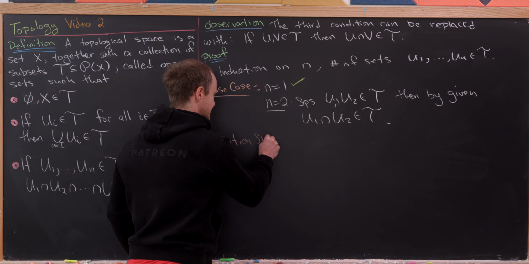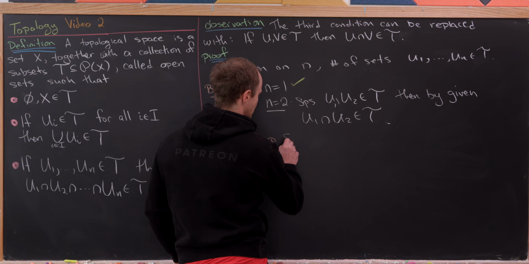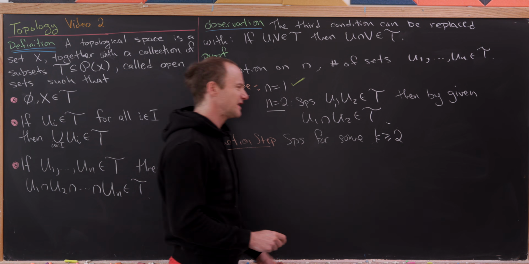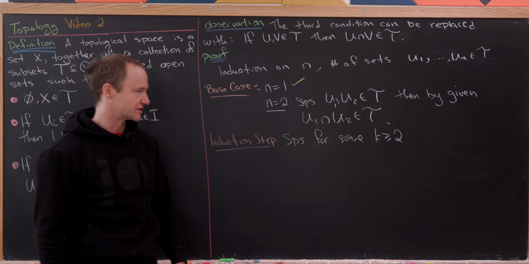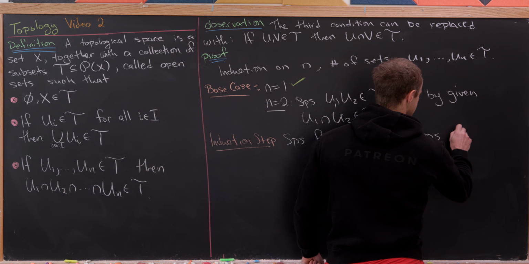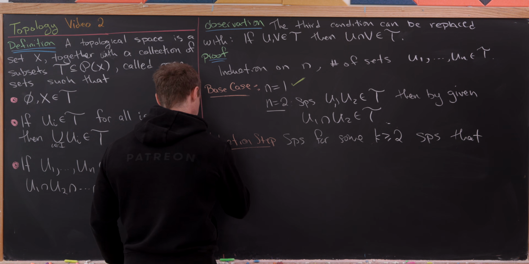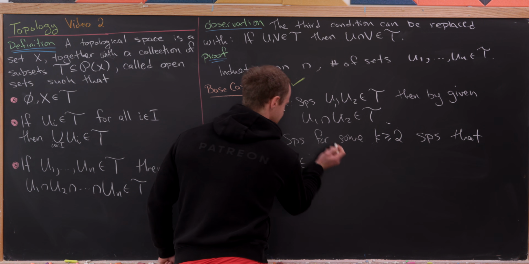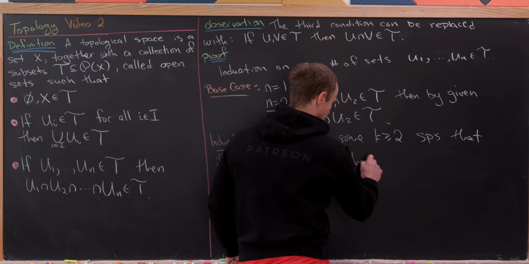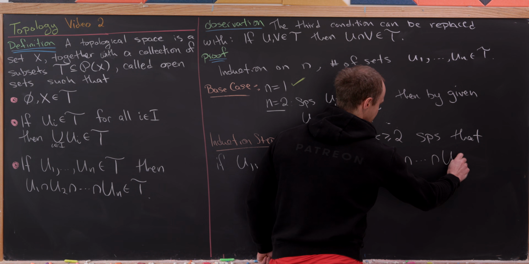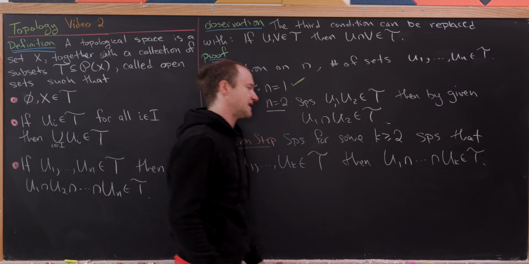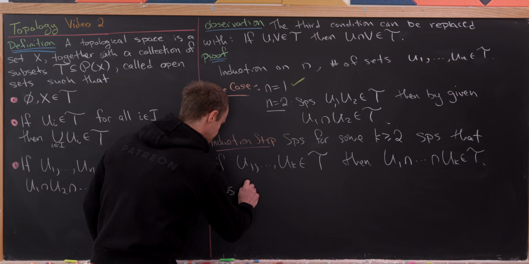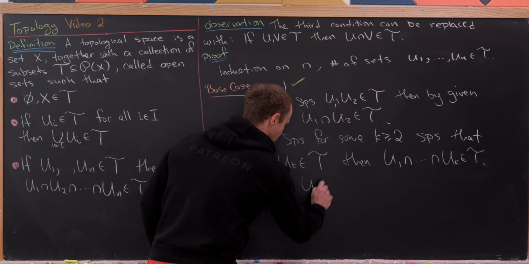Okay, now let's make our induction step. Any induction step starts with an induction hypothesis. Let's suppose for some value of k bigger than or equal to 2, because we've checked up to n equals 2, that if U_1 up to U_k are in T, in other words we've got k open sets, then U_1 intersected up to U_k is in T. In other words, the intersection of k open sets is in T. Now let's suppose we have k plus 1 open sets.